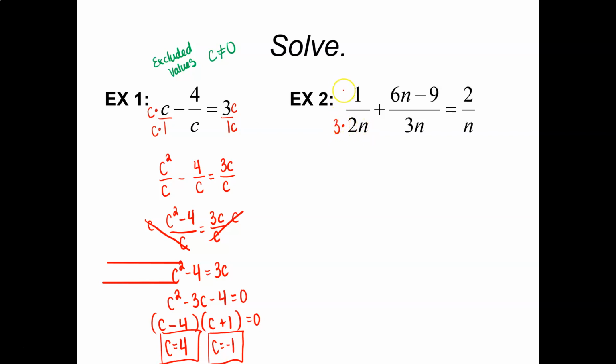If I multiply by 3 on the bottom, I have to multiply by 3 on the top. To change this one to 6n, I would need to multiply by 2. If I multiply by 2 on the bottom, I must also multiply by 2 on the top. Make sure you put parentheses. You have to multiply the whole numerator by 2. And then for the last one, I need a 6, so I would have to multiply by 6 on top and bottom.